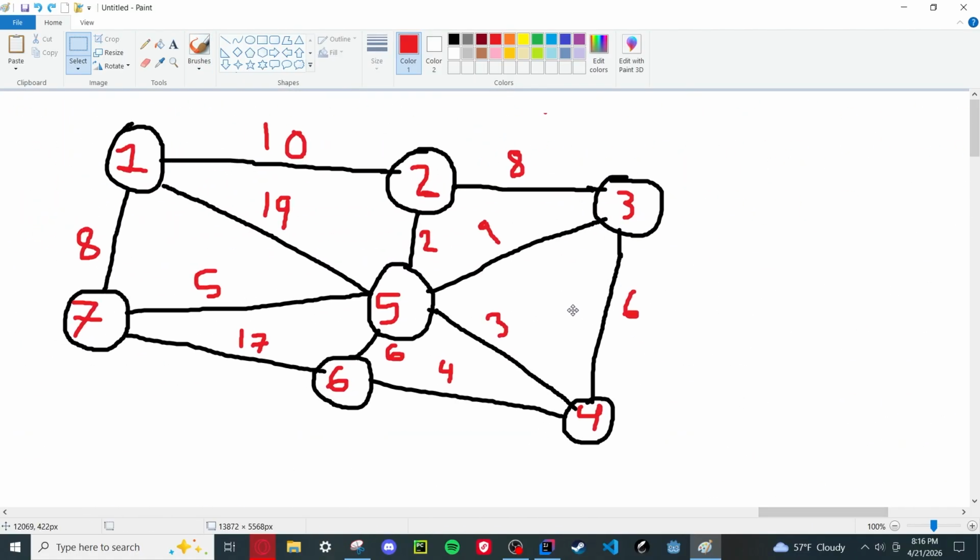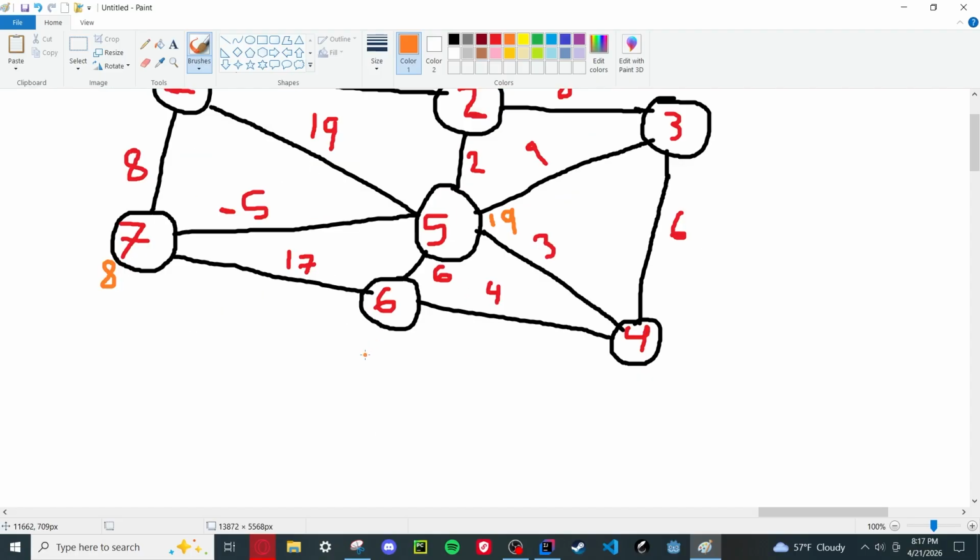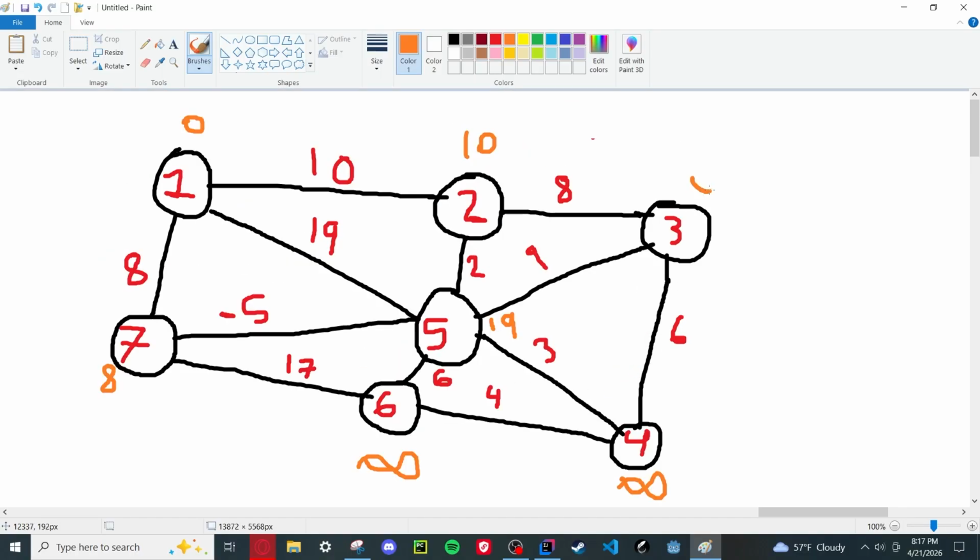Okay. So what happens if we use Dijkstra, but I make this a -5? This is still 0, this is still 8, this will still start as 19, this will still start as 10, the rest will still start as infinity. Let us pick the smallest node between all of these.